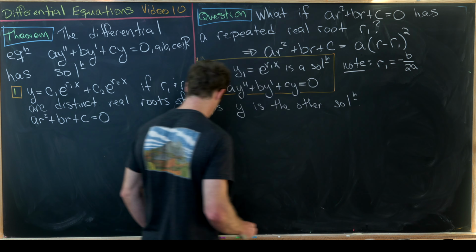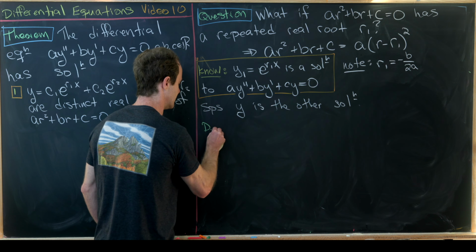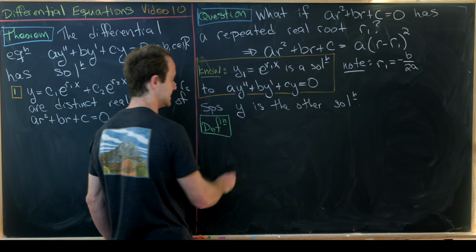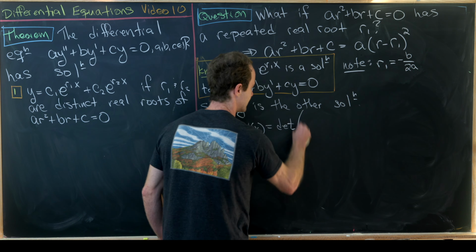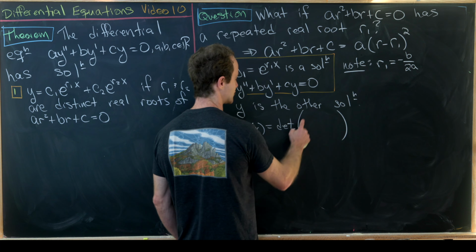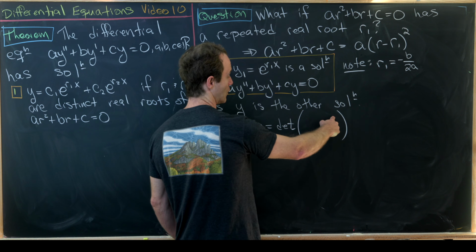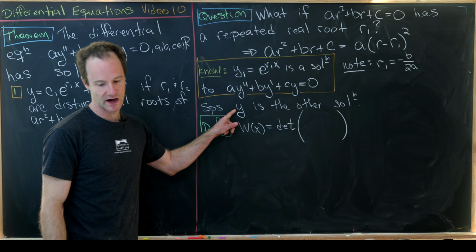We're going to do it by the definition of the Wronskian, and that is W of x is equal to the determinant of a certain 2 by 2 matrix. That 2 by 2 matrix has y1, y1 prime here, and y2, y2 prime here. But I'll take y to be y2.